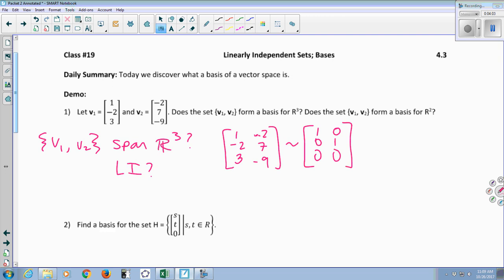So this is linearly independent because there's a pivot in every column, but it does not span R3, right? So this means that there are elements of R3 that you cannot build by taking a linear combination of v1 and v2. It's not a spanning set. So it's not a basis, right? It has to be both things. It's linearly independent, but it doesn't span R3. So not a basis.